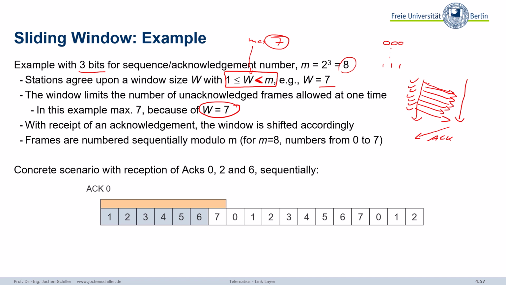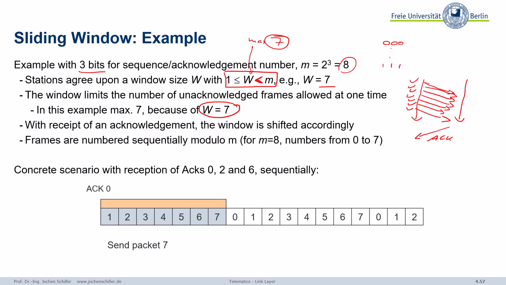But the window says 7. So I can now also send number 7. It's under the window. Perfect. I now send packet number 7, for example.